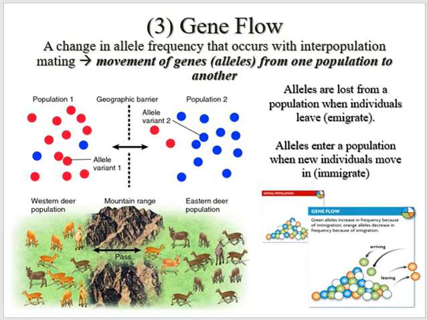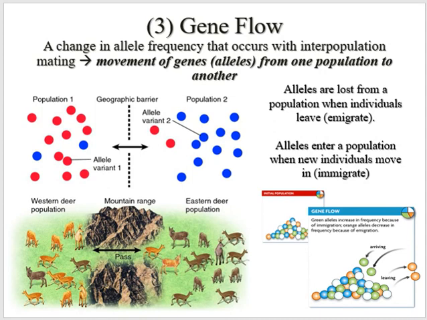As individuals move into a population, they carry their alleles with them, and that introduces new alleles to the population they're entering. So alleles enter a population when new individuals move into it.